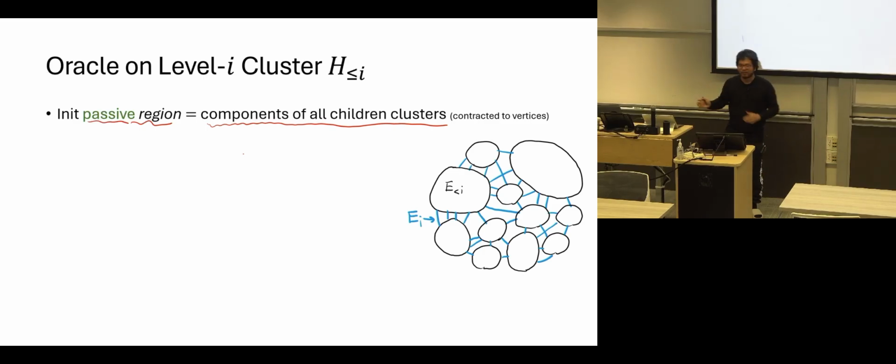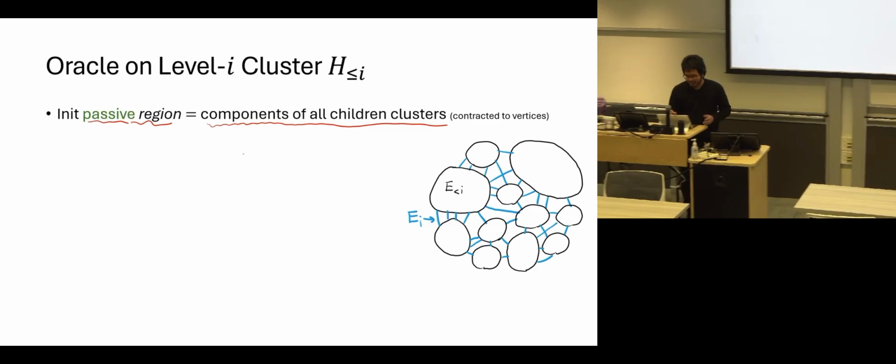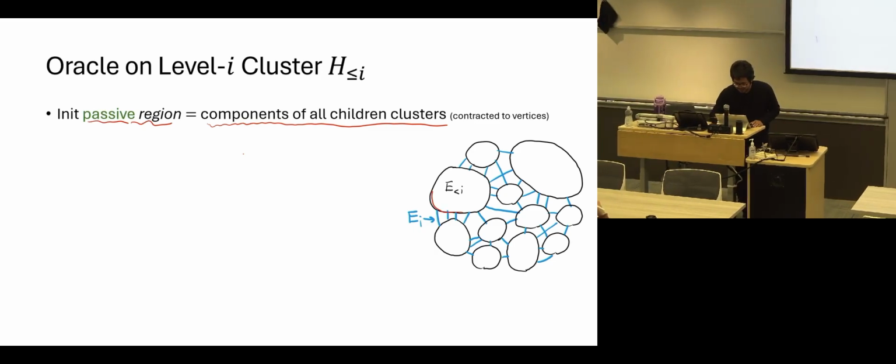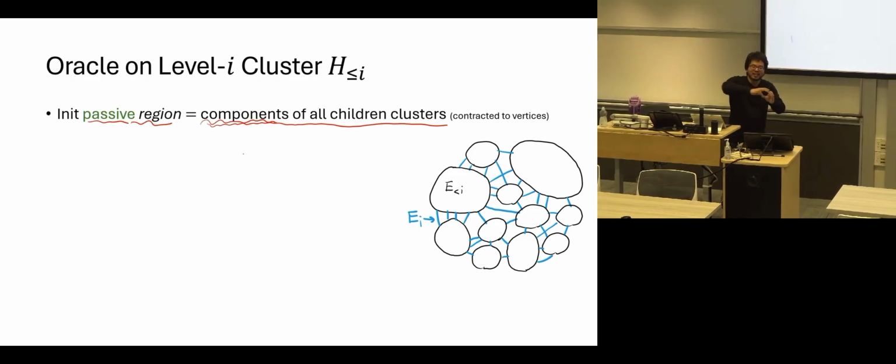But now we are at level I, and look at the components from the children clusters. Each component reported by the children cluster is connected. So we just treat that as a connected region that is initialized for us.